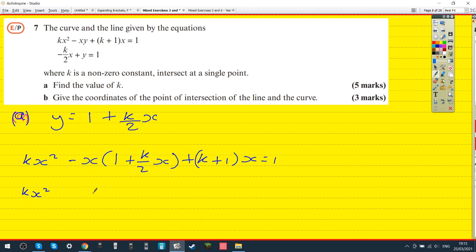Okay. You get minus x minus k over 2x. x times x, x squared. That's it. And now, how do we use this fact to find the value of k?